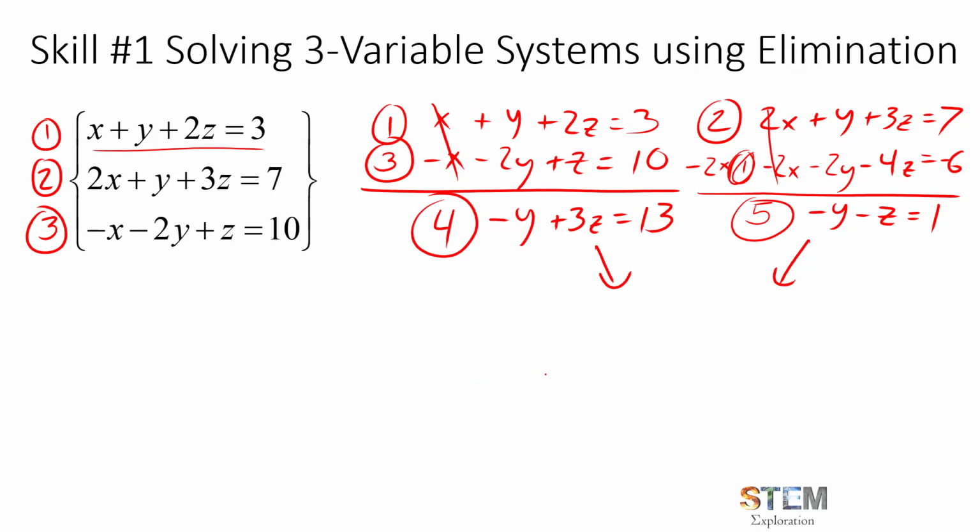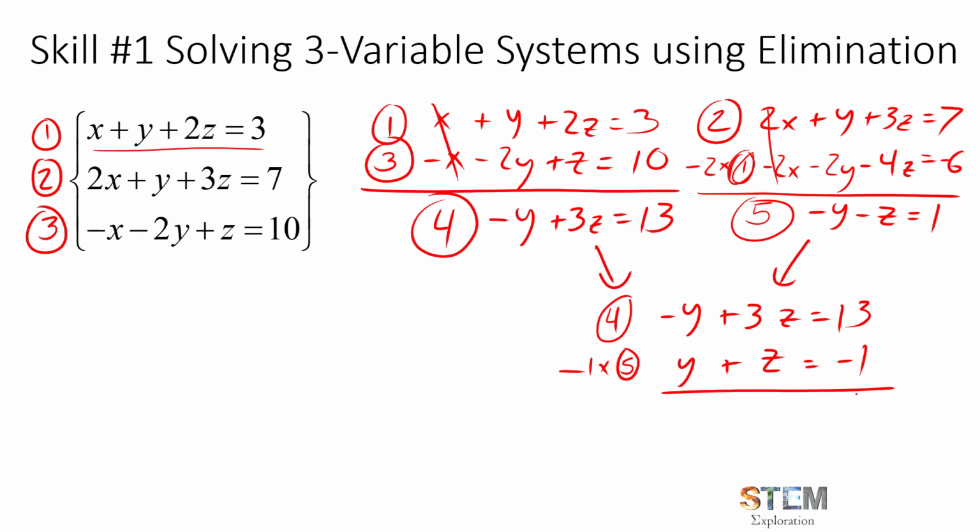And so to do that, I'm going to take equation 4 as is, and then I'm going to multiply equation 5 by negative 1 here. So what that'll give me is negative y plus 3z equals 13. And then I'll have y plus z equals negative 1.